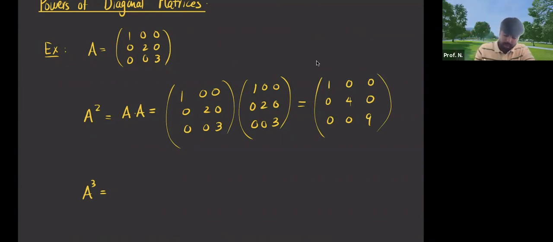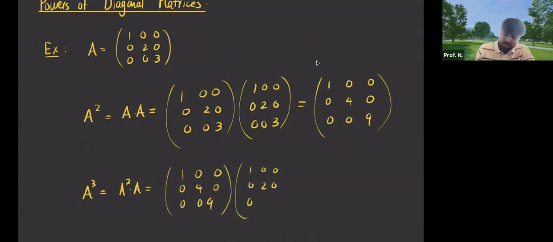And then when you cube it, you get the same thing. You get 1, 0, 0, 0, 4, 0, 0, 0, 9, and you multiply it by 1, 0, 0, 0, 2, 0, 0, 0, 3. And what happens? I get 1, 0, 0, 0, 8, 0, and 0, 0, 27.